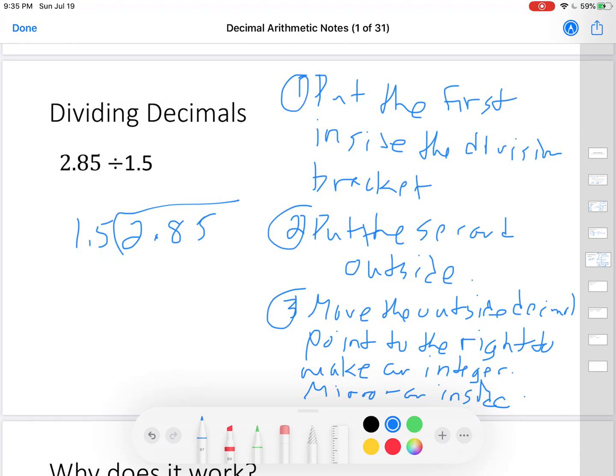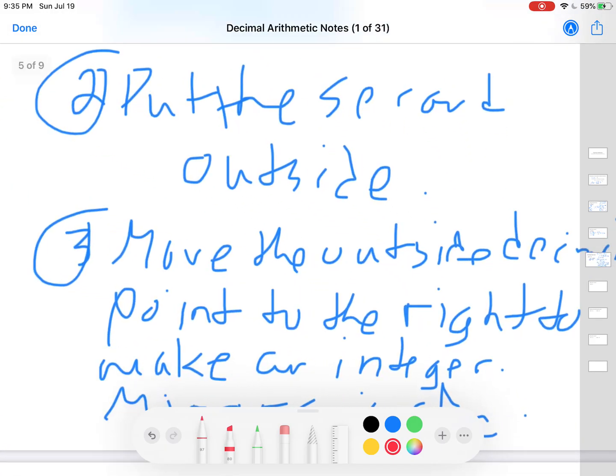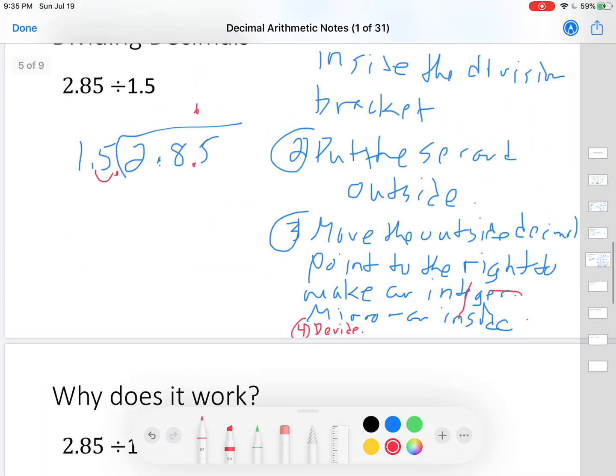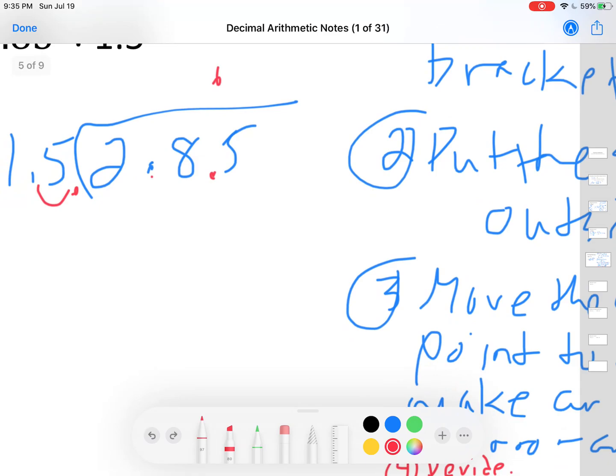So what I mean by that is we're going to move this one place and this one place, like that. And then, very simply, step 4, you're going to divide until you have no remainders left. Okay, so let's do that.